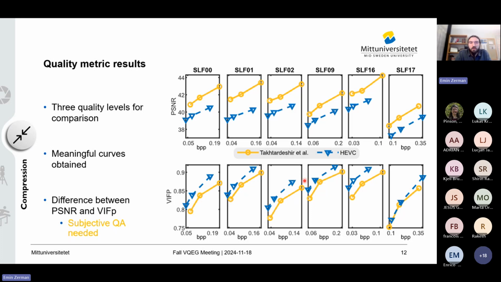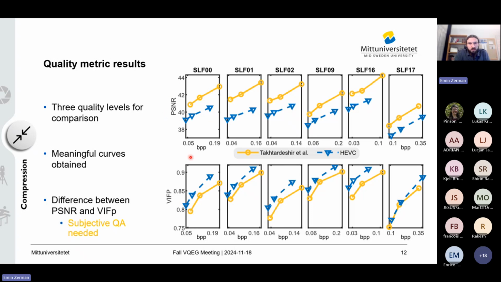Why we used 3 quality levels is not that important, because this is not an exhaustive compression study. We were trying to show that the collected database is good for use in compression methodologies and compression studies. These are the selected light fields: 0, 1, 2, 9, 16, and 17. Then we tried to get meaning from the curves.